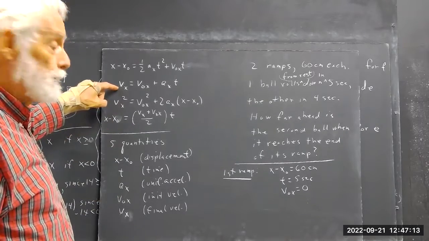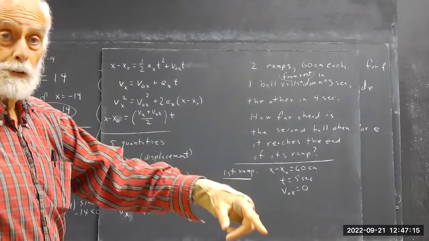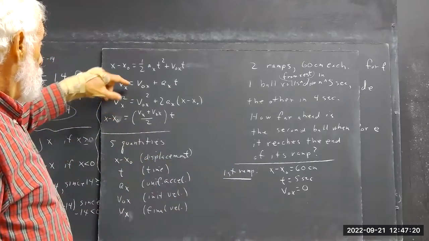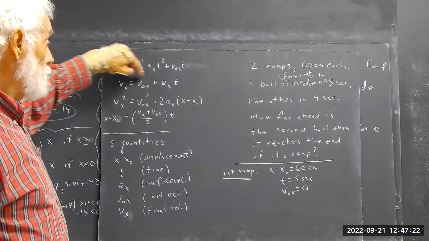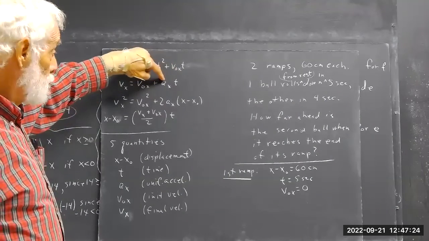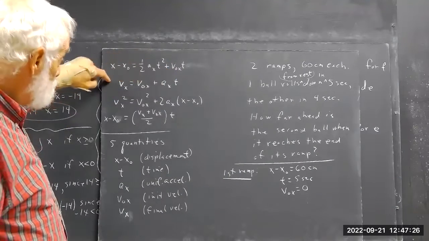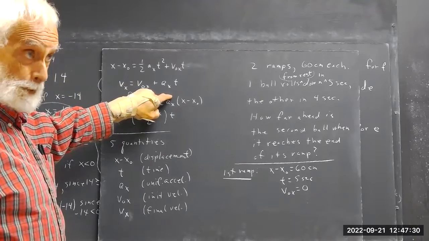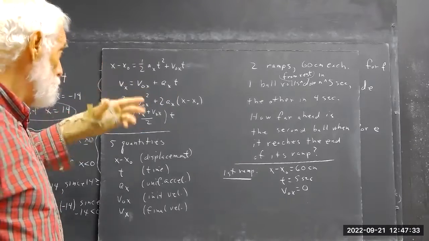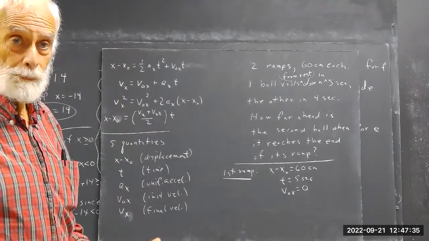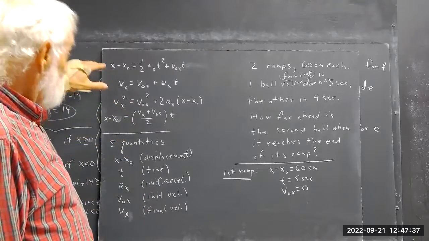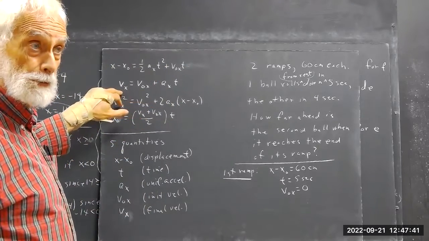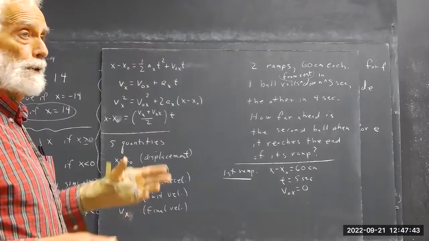So we don't know Vx, how fast this thing's going at the end, but we're going to find it pretty quickly. We do know V naught x and we know t. We don't know ax either. So this equation is not going to do us any good unless we find either Vx or ax. So we can't use it right away. But if we were to solve this one for ax, then we'd be able to find Vx. It's just a matter of bookkeeping.